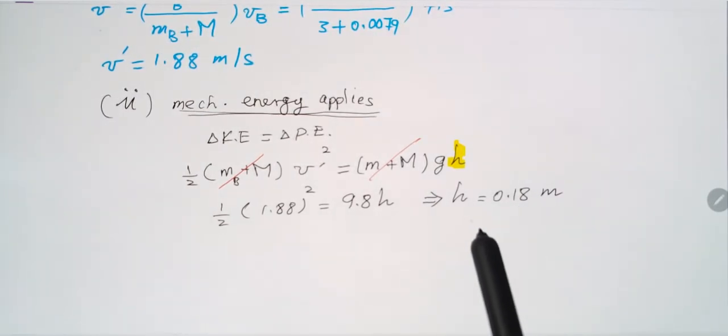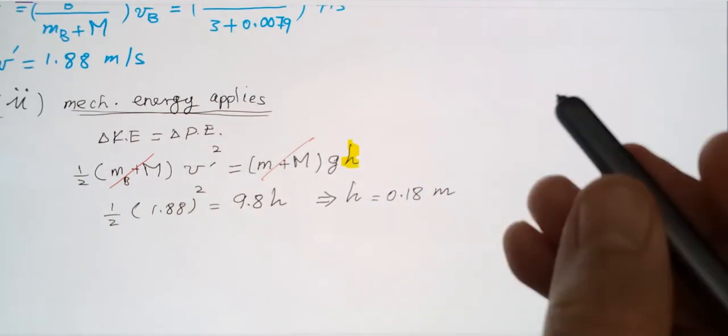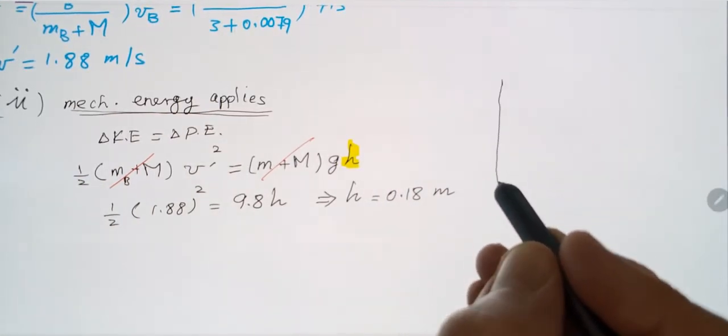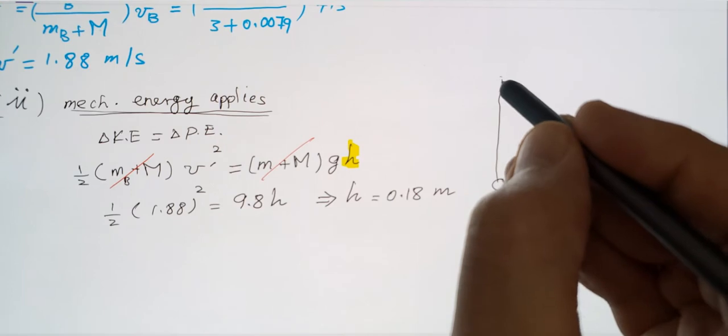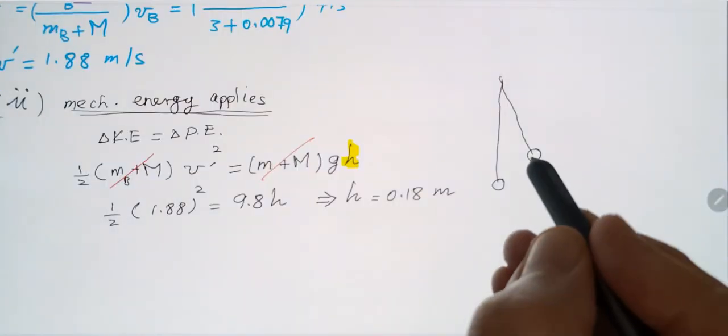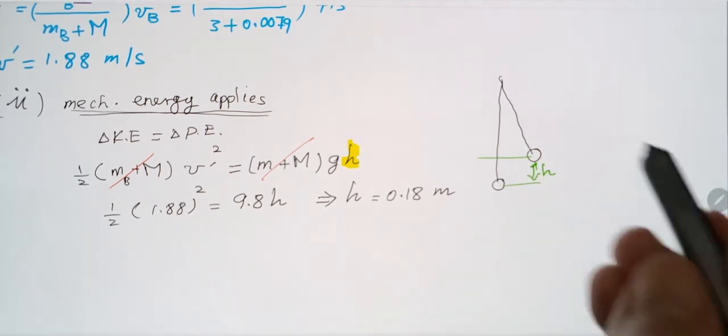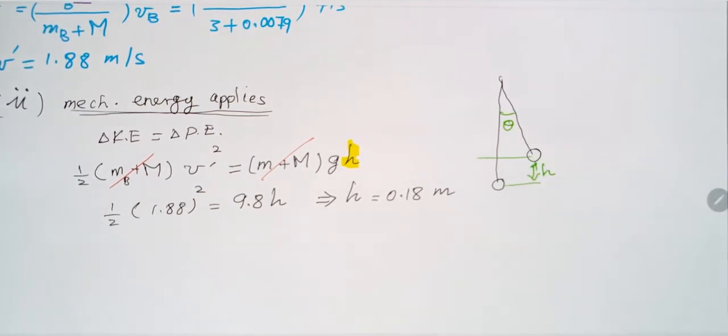Also, another way of asking this, I will ask you what is the angle of the pendulum. What is the angle of the pendulum? So in that situation, this is H, and this is theta.